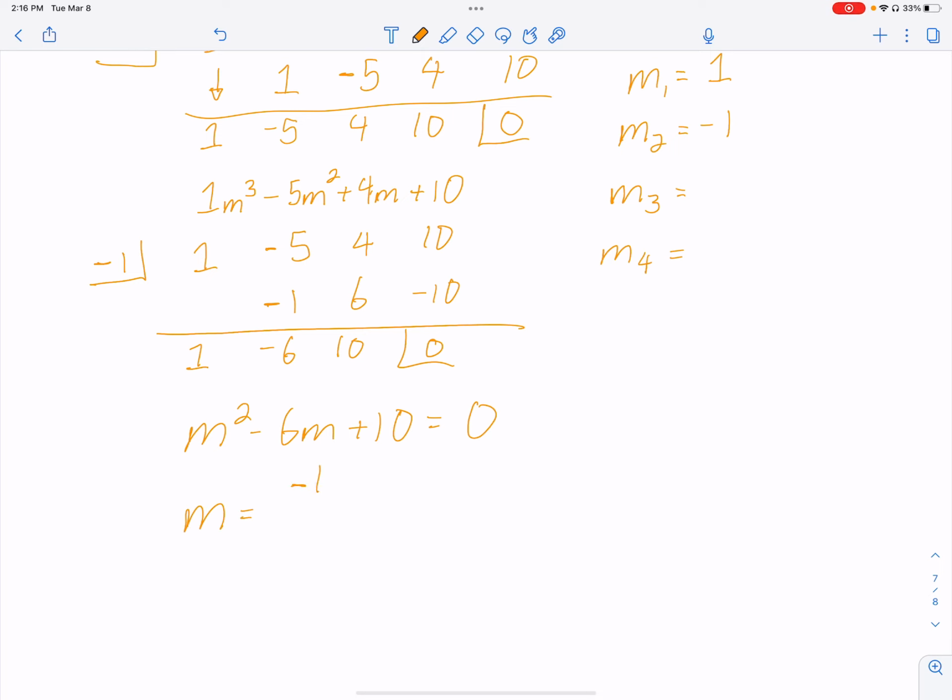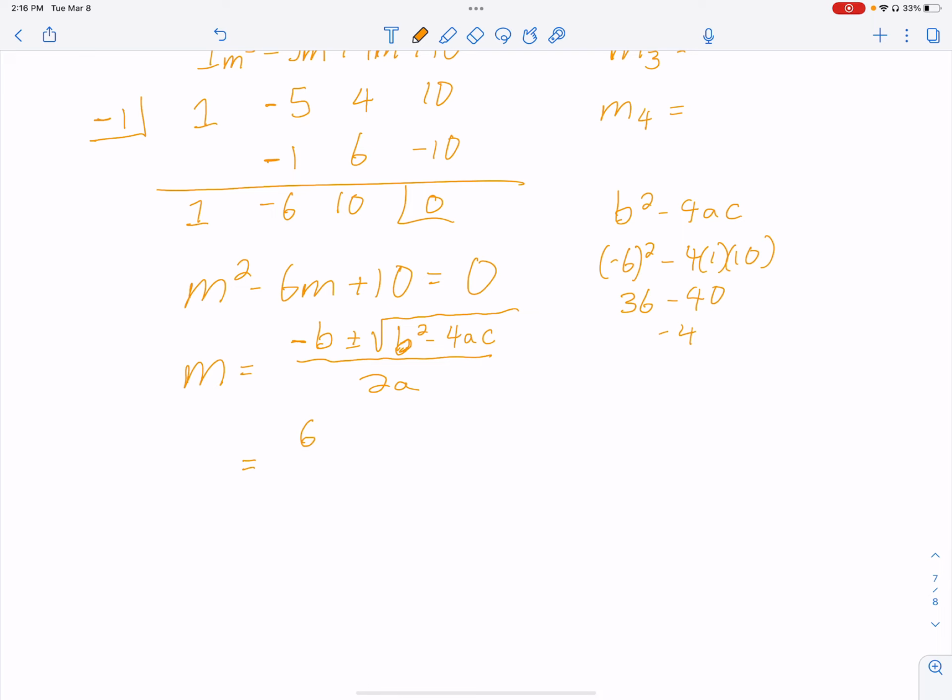All right, so I do the inside over here, b squared minus 4ac. b is -6 squared. Make sure you put that in parentheses. 4 times 1 times 10. So I get 36 minus 40, which gets me a -4. So I'm plugging all this in now. Opposite of b gets me a 6, plus or minus the square root of -4 all over 2 times 1.